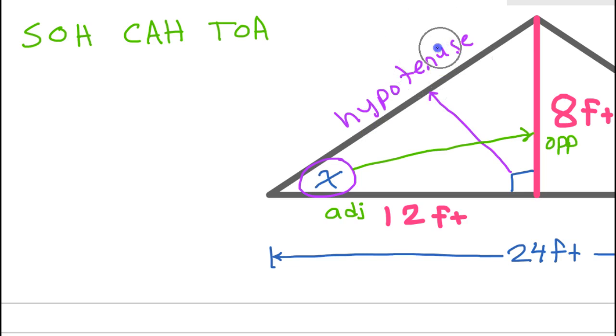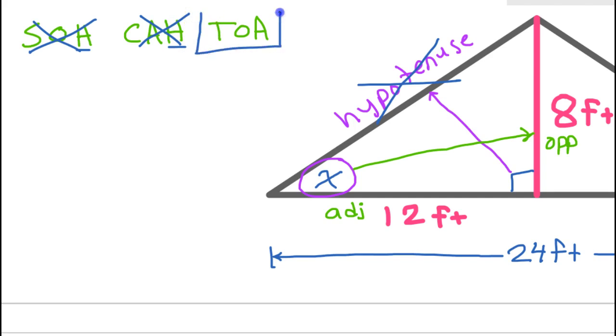The hypotenuse is not helping us at all. We don't know what it is, and it's not one of the things that we're looking for. It's useless. So notice how the sine function and the cosine function both involve the hypotenuse. Throw them out. Useless. Garbage. The formula that involves the things that are useful is going to be the tangent function this time.